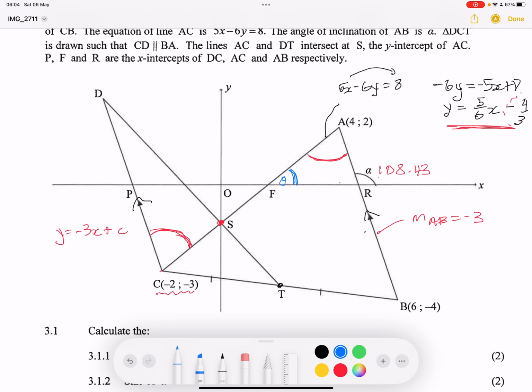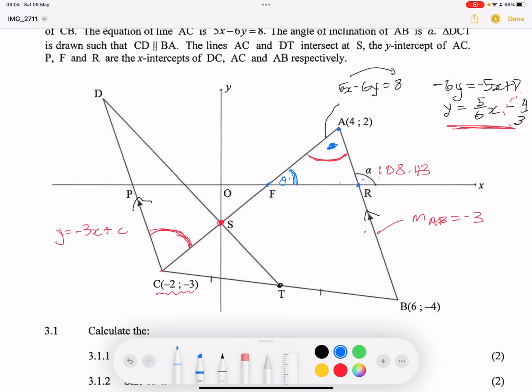So in this case, what would happen? We know in the triangle AFR, angle theta plus this angle over here, FAR, would be equal to angle alpha. Why?